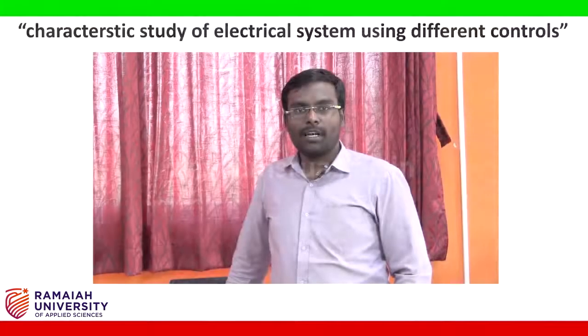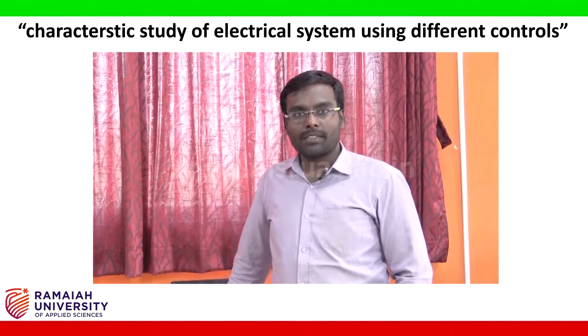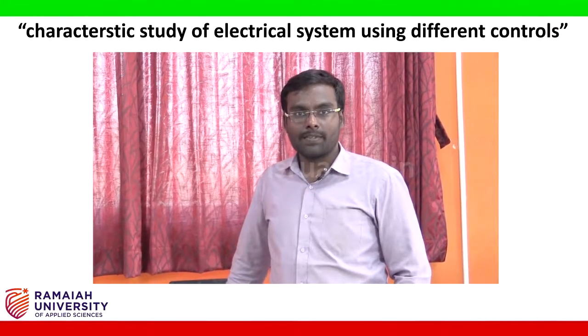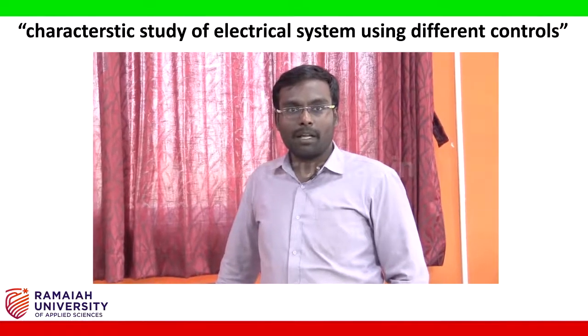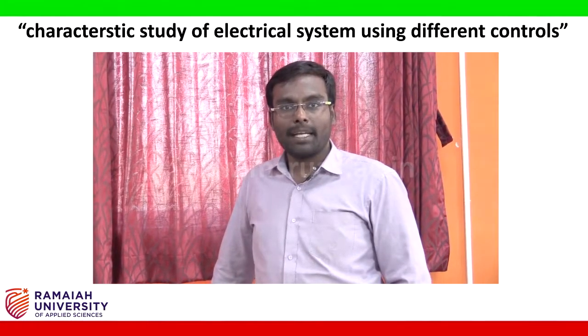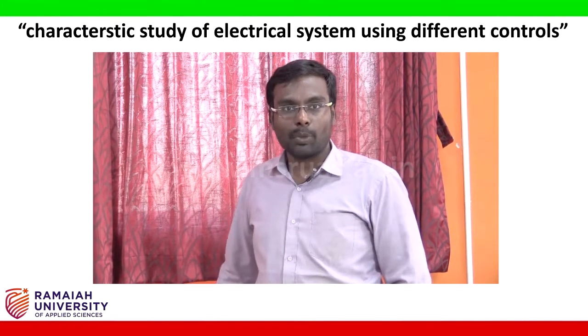Hi students, today we are looking into the characteristic study of an electrical system using different controllers. The controllers used in this experiment are P, PI, and PID controllers. The purpose of the system is to control the temperature of a plant with respect to the set point given as an input to the system.